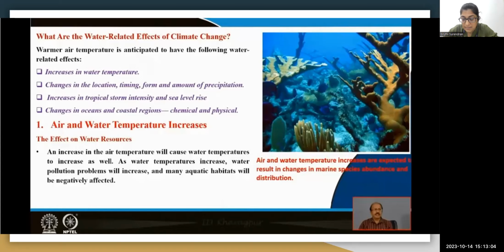An increase in algae is in one way going to increase pollution. It is going to destroy the habitat of aquatic animals. So these are all the impacts of air and water temperature increase on water resources. It is also going to reduce the quality of water.